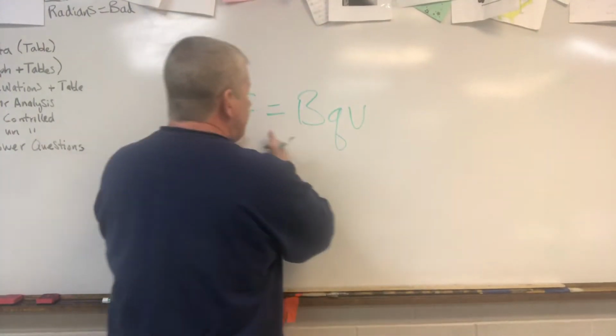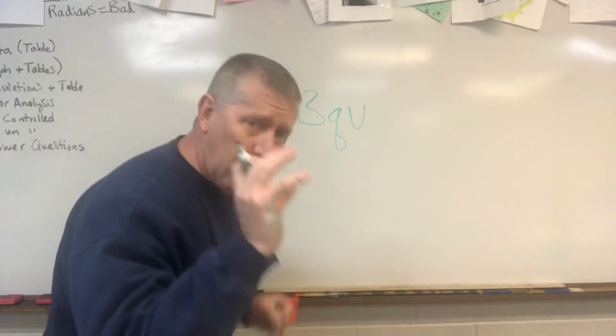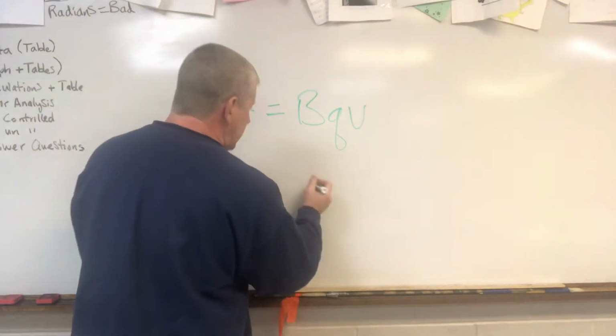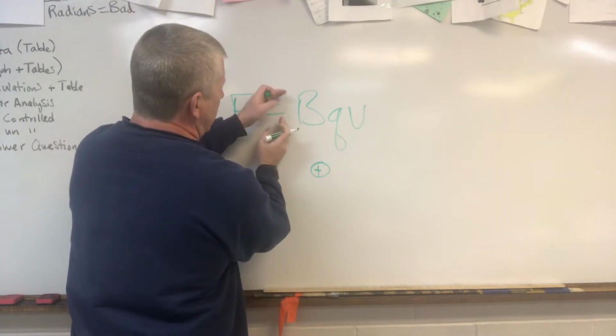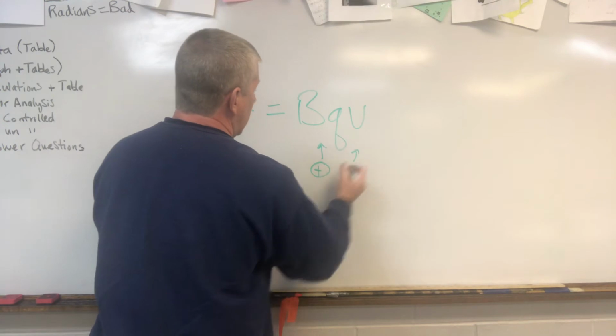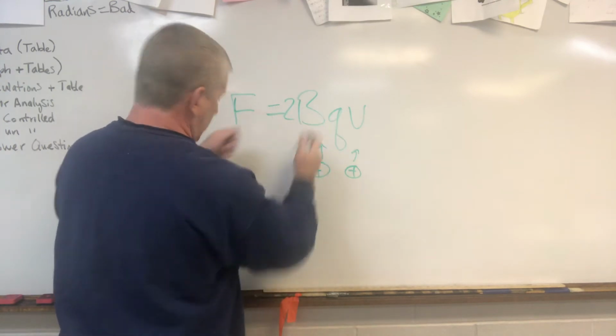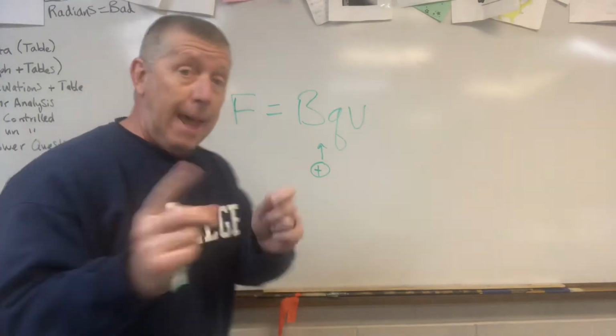F equals BQv is for a particle, not a wire. With a couple of particles, you would just take this and multiply it by how many particles. Like with 2 particles moving through a field, you would say 2 times this. But typically that's not the case. You have one particle, and you want to know the force on that particle.